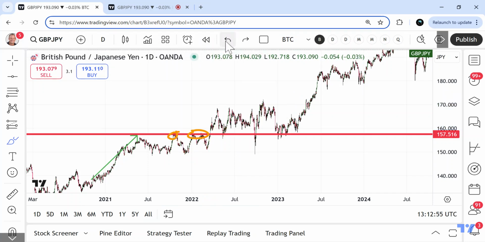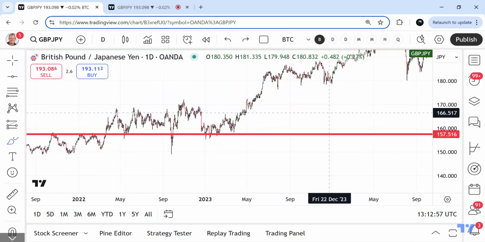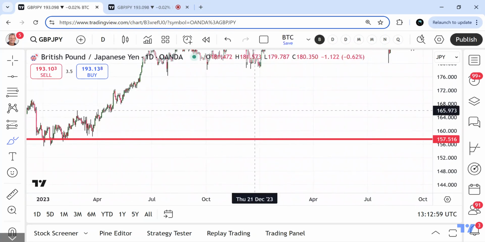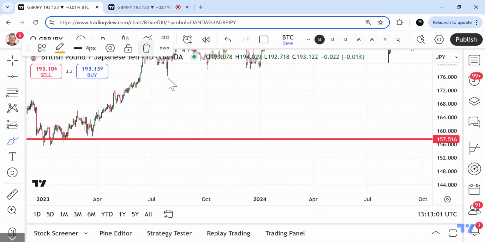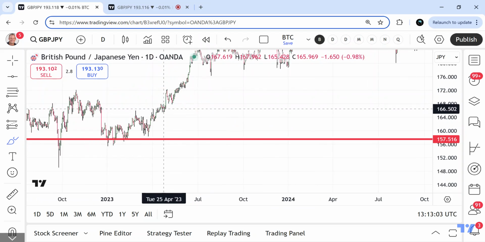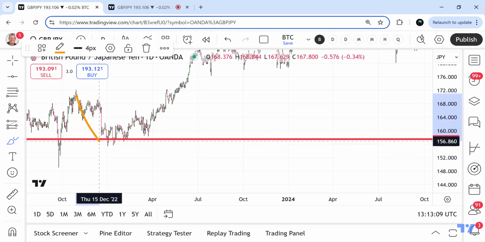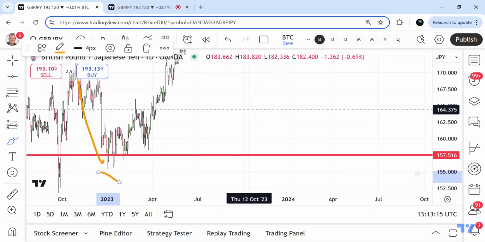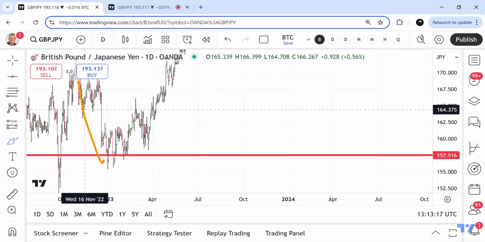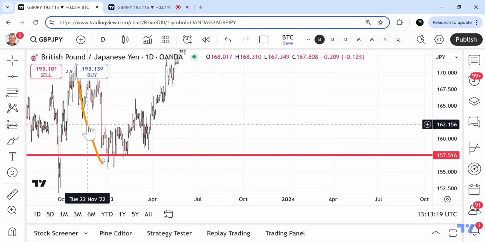Now, overall, if we were trying to find an entry opportunity from our level of support, we would be looking at the market went back into our level of support here. We just go a touch under the low, which is here, as such.